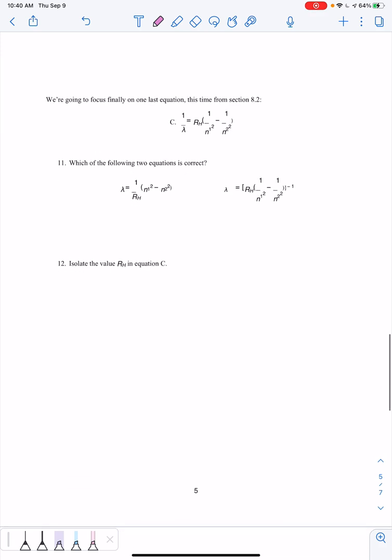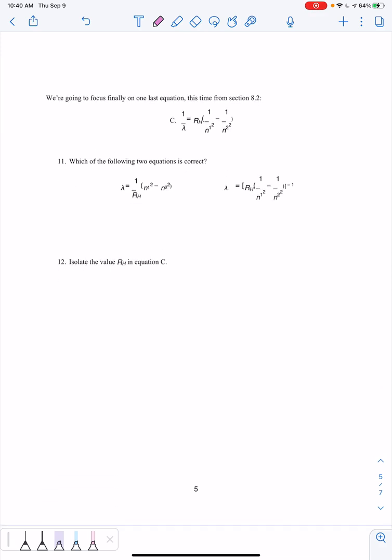Now for number 11, we're asked which of the following equations is correct with respect to equation C above. What you'll notice in both of these options is that lambda is by itself as the numerator, but in equation C, it's actually on the bottom of the fraction. Just like in problem number 10, if we want to flip a fraction, we take the negative exponent of it.